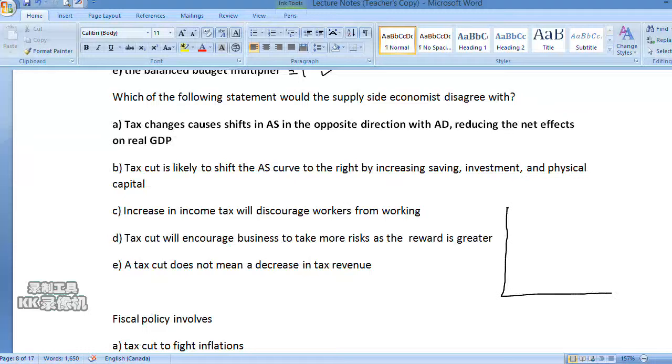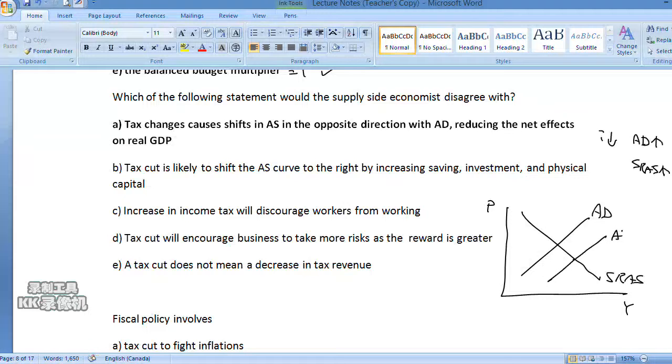So price level, real output, AD, short run AS. So again, when interest rate decreases, AD is going to shift to the right, and short run AS is also going to shift to the right. So they are actually shifting in the same direction.